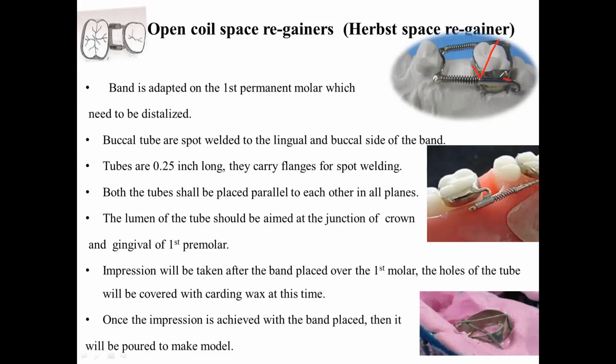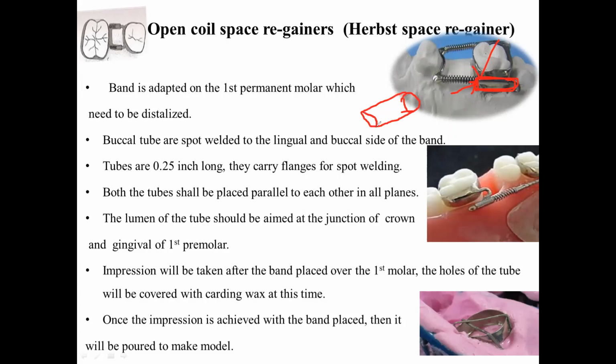Then over the molar band, we know that there are tubes which are soldered, normally available from the market, the molar band with the soldered buccal tubes. We band the tooth with that. This tube is 0.25 inch long, and it has a diameter wide enough that the wire we need to cross can easily pass.